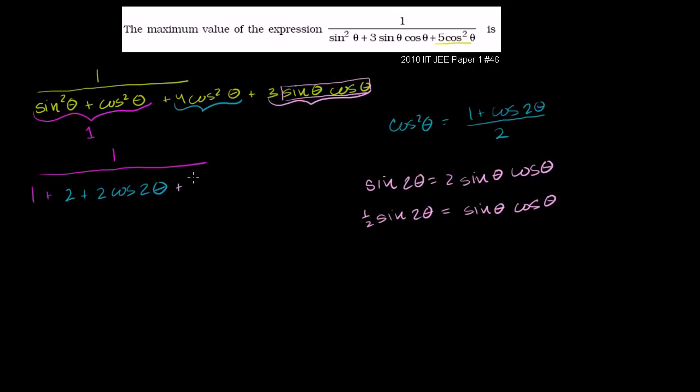So it's going to be plus 3/2 sine of 2 theta. And let's see, this part over here clearly simplifies. This is 3, so let me just rewrite it. This is 1 over 3 plus 2 cosine of 2 theta plus 3/2 sine of 2 theta.